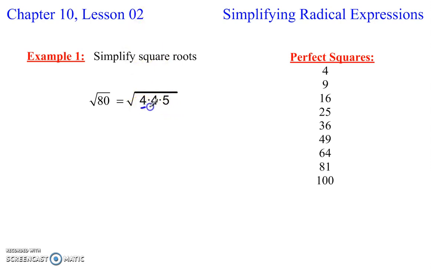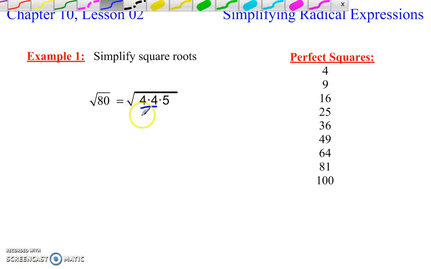Now, 4 times 4 is a square, 4 squared. So we could pull out 16, and the square root of 16 is 4. And so I get 4 times radical 5, or we just put those together, 4 radical 5.